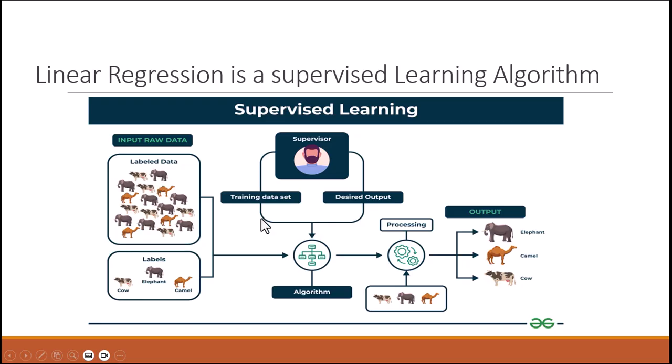It uses this labeled data to train the algorithm according to the desired output, and then uses this trained algorithm on the test data or on unseen data to predict the labels or outputs. So in the linear regression model, exactly like I explained in supervised machine learning, if we want to use it in the machine learning framework, it works like this.